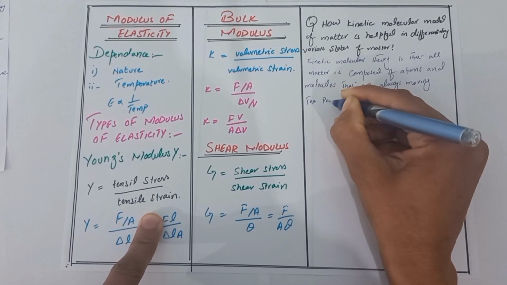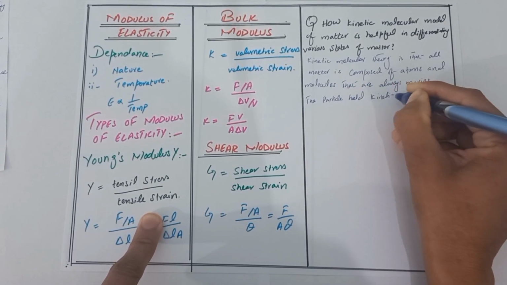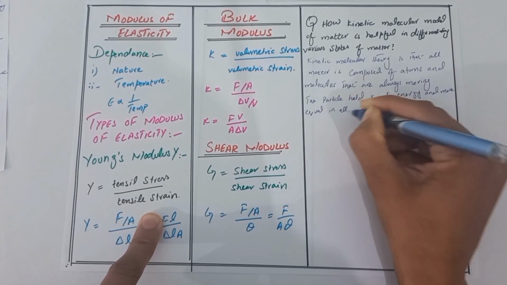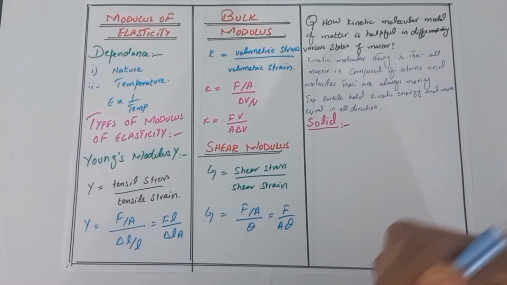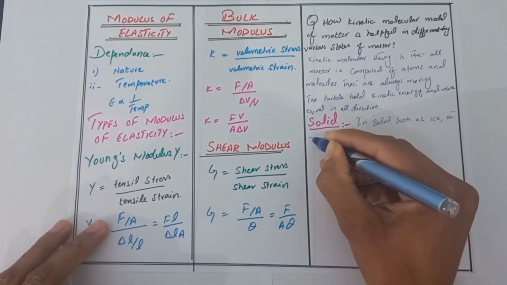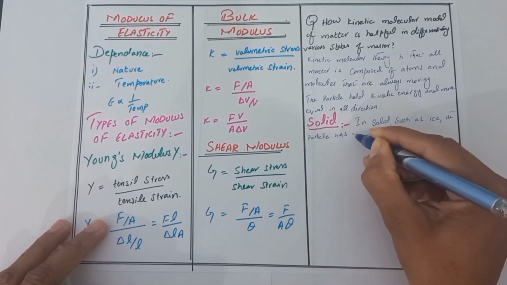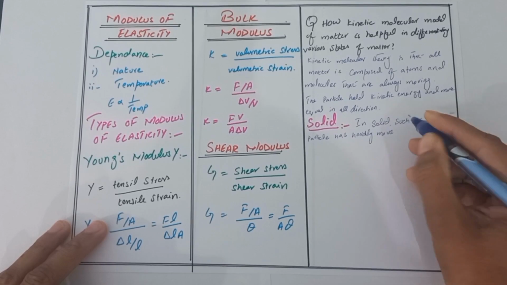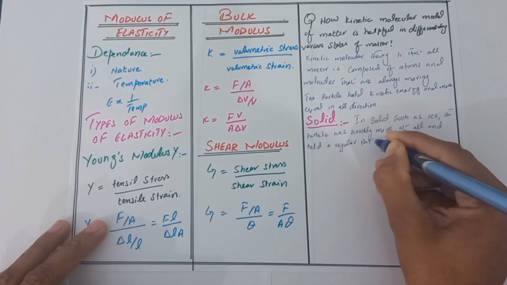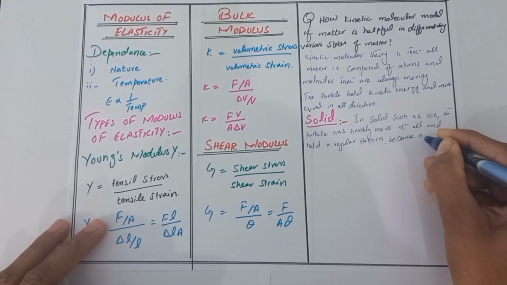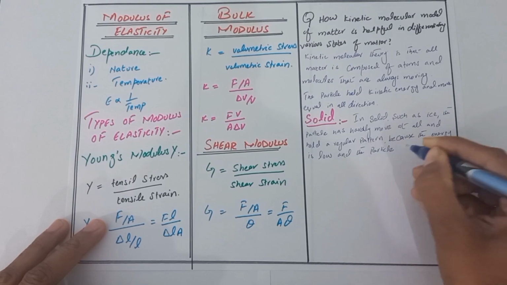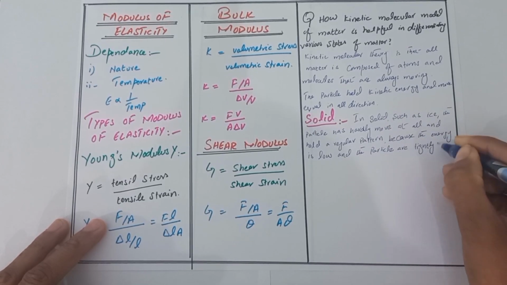The particles hold kinetic energy and move equally in all directions. In a solid, such as ice, the particles hardly move at all and hold a regular pattern because the energy is low and the particles are tightly placed.